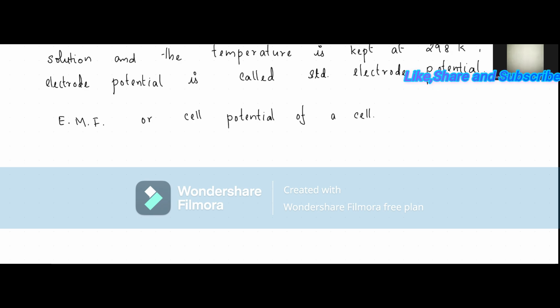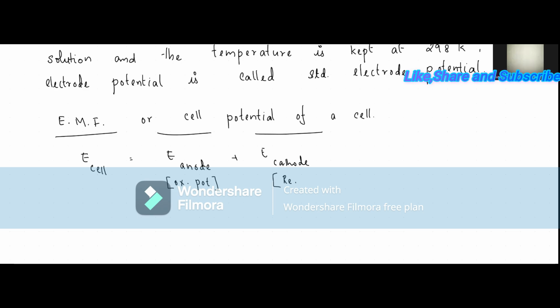Now, let's calculate the EMF of a cell, or cell potential. Cell potential, which can be written as E of the cell, is equal to the potential at the anode, which is the oxidation potential, plus the potential at the cathode, which is the reduction potential.